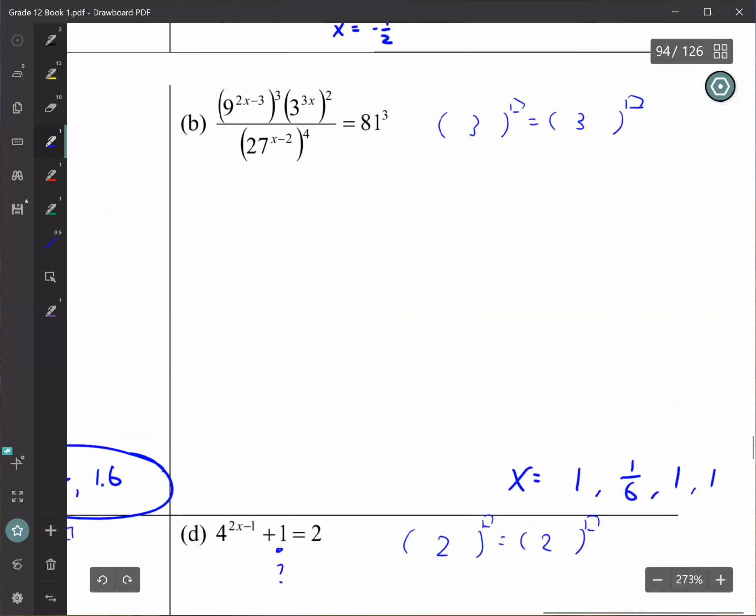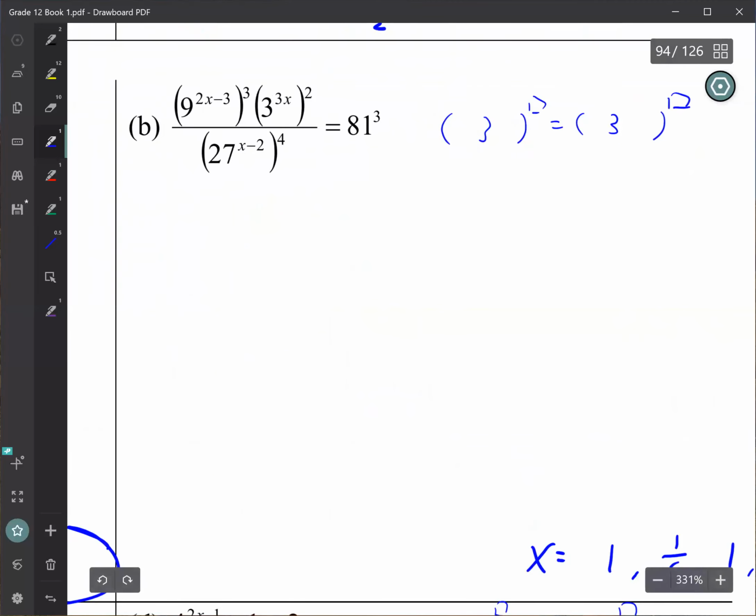So question B, they all have base of 3, so we're gonna simplify it first. 9, I can write it as 3 squared, okay? Now for the exponent that's already outside, you could also do some simplifying first, right? Because that's also power to power. So that way it doesn't have 2 layers of brackets. So I'm gonna simplify the 3 and the 2x minus 3.